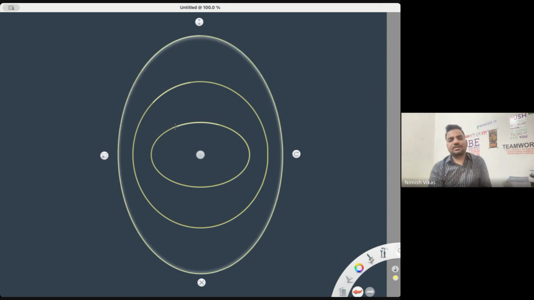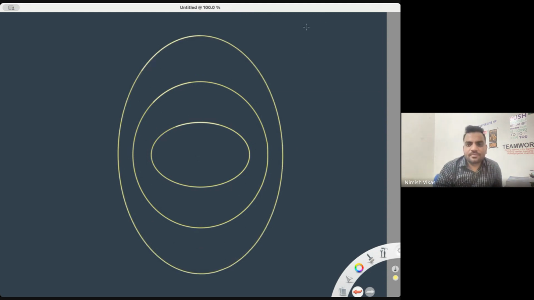This is the third one. So these are the different paths where the electron is moving. Let's say we are talking about this path. I will make one more smaller one in the center.